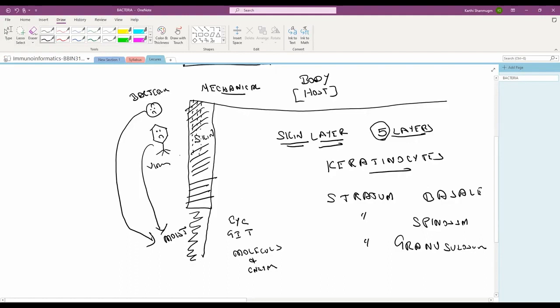So if in any case the virus or the bacteria try to enter through this mucous membrane, then the molecules and the enzymes present in the moisture of this mucous membrane can directly act on these microorganisms and straight away kill them.